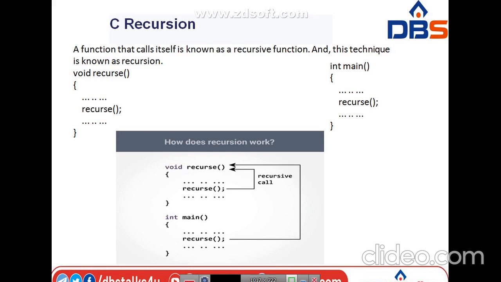Again I'm going to enter the value from the keyboard and scan it. If n is less than 0, then printf enter positive value, else I'm going to calculate f equal to fact of n. Then I'm going to print the factorial of the given number is f. There is a function call, f equal to fact of n.